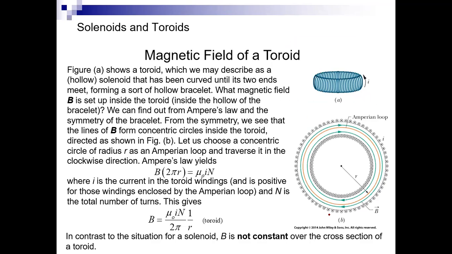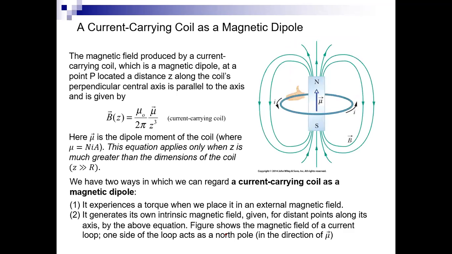So this is the final equation of the toroid. These are all the applications of Ampere's law. This is how we can determine the magnetic field of a current carrying coil.